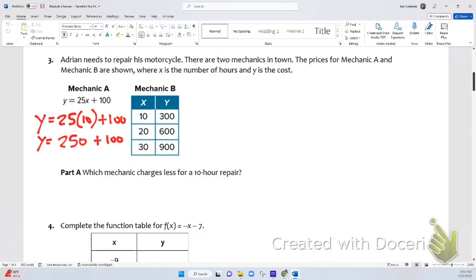plus the additional $100. My first period asked, what is the extra $100? It could be like the cost of parts, for example. So if maybe he needed a belt that needed to be replaced, that's the cost of extra material. So $250 plus $100, that means that mechanic A is going to charge him a total of $350.